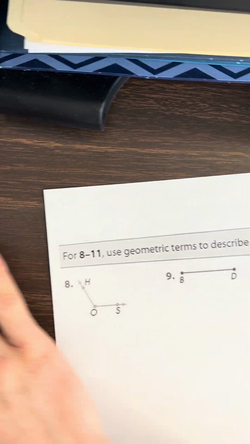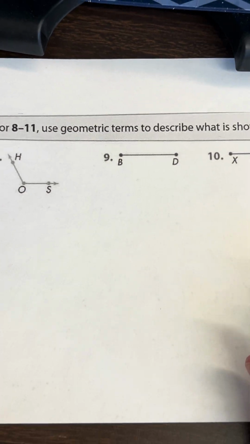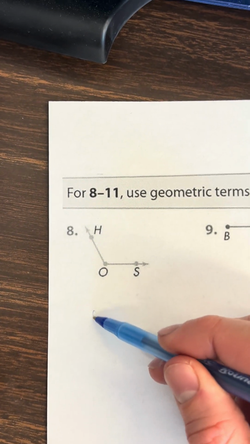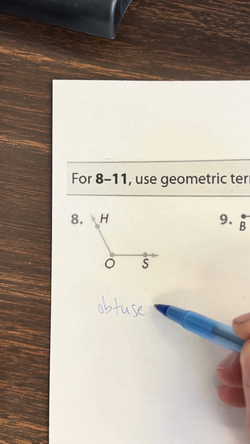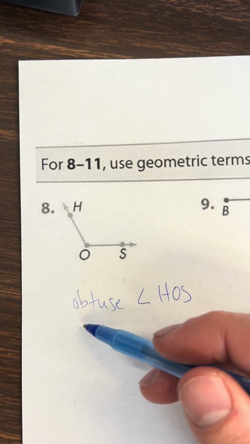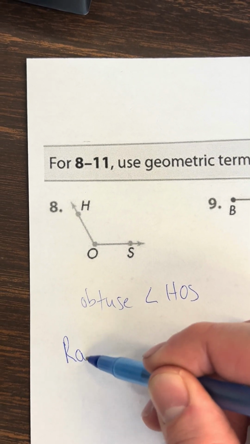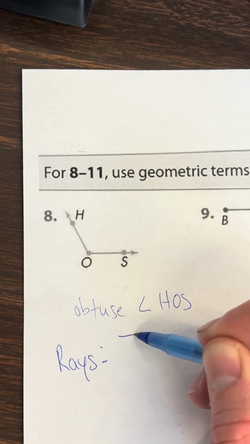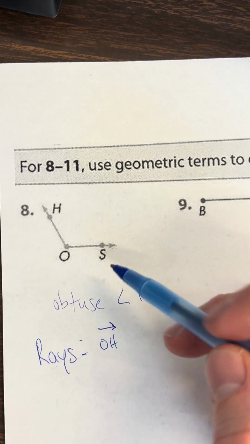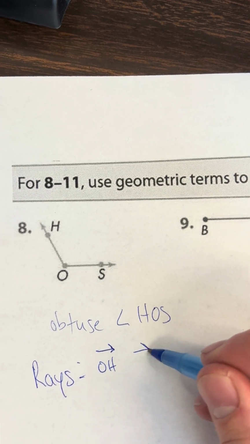All right, looking at these, use geometric terms to describe what is shown. We've already recorded these in class, but we have obtuse angle HOS, which is this whole thing. Then we have two rays. We have ray OH and ray OS.